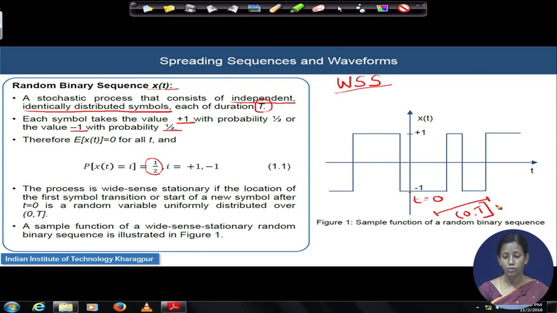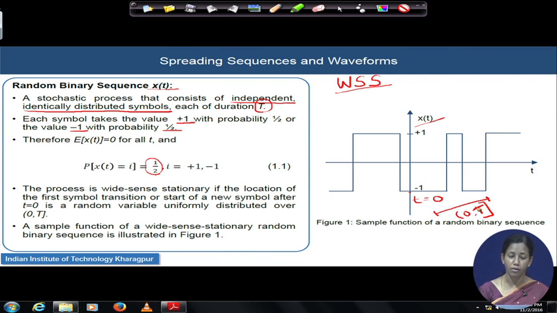I repeat, to declare that a stationary stochastic process x(t) is wide sense stationary, you need to check that the first symbol of x(t), or any new symbol after t equal to 0, is a random variable uniformly distributed over the open interval 0 to T, where T is the duration of that symbol. If it holds, then we can declare the process to be a wide sense stationary process.